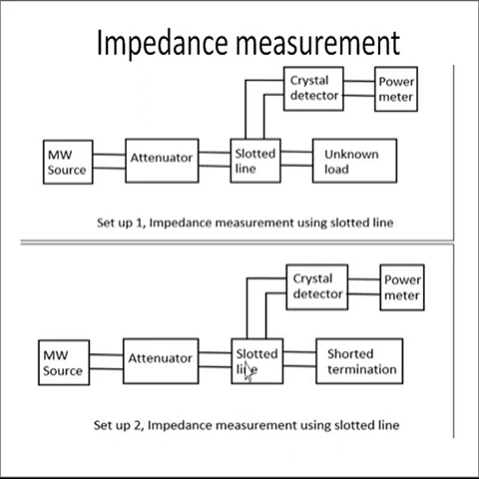Because of those reflected signals, we have standing waves formed inside the transmission line. Again, for the standing waves, V max and V min values will be measured with the help of the crystal detector and the power meter, and these will be plotted.